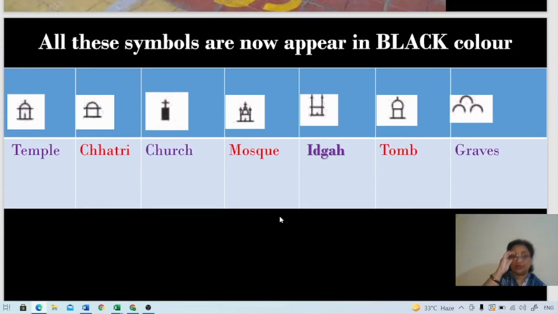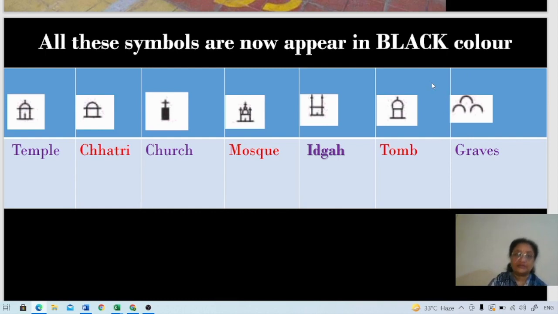Now earlier, children, except the graves, the rest of these symbols were shown by red color. Again I am repeating, earlier in the topo sheets all these symbols were shown by red color, whether it was temple, chhatri, church, mosque, but the graves were shown by black color.